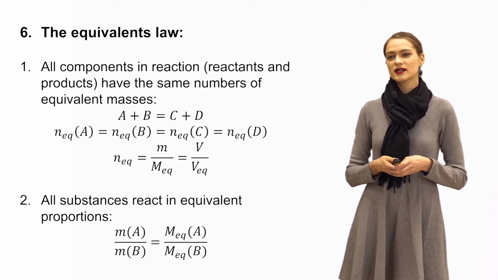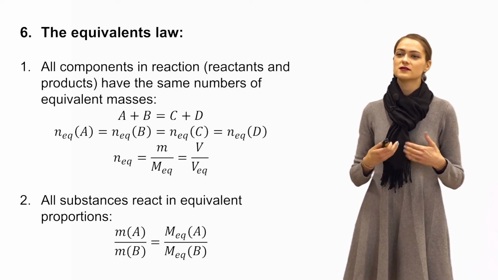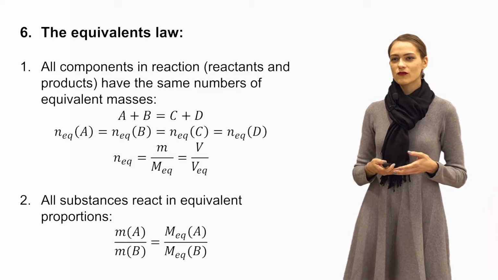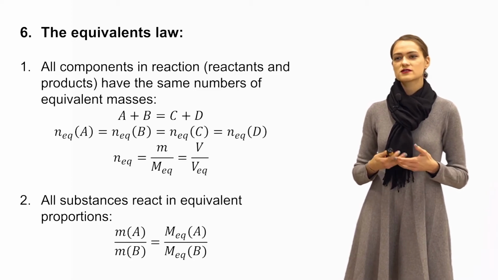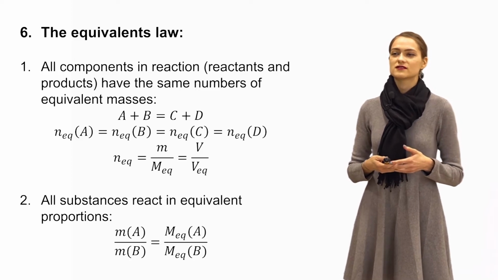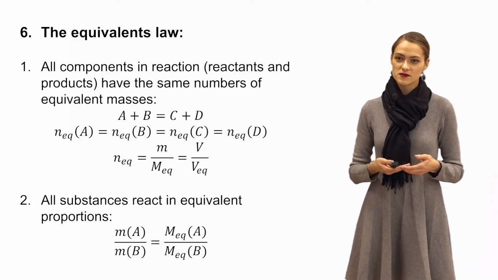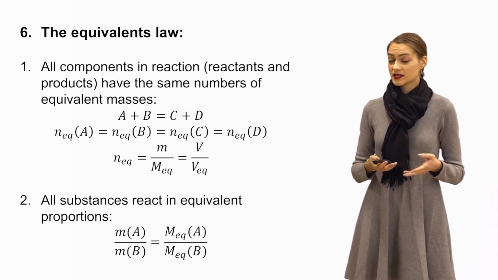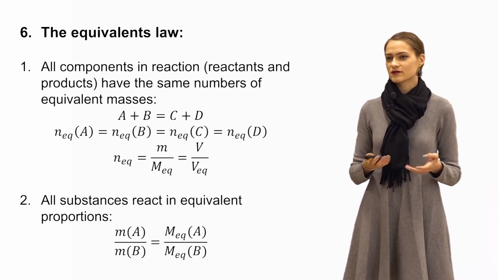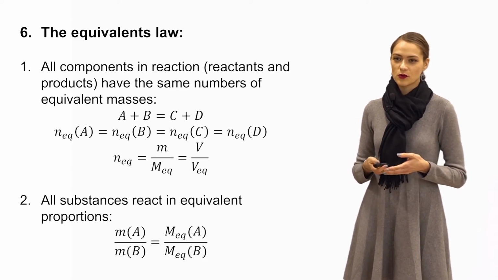That's why we can calculate the number of equivalents not just using masses of components, but using volumes as well. So we can calculate the number of equivalents as a ratio between the volume of a gas, for example hydrogen, oxygen, or any oxide, and the equivalent volume.